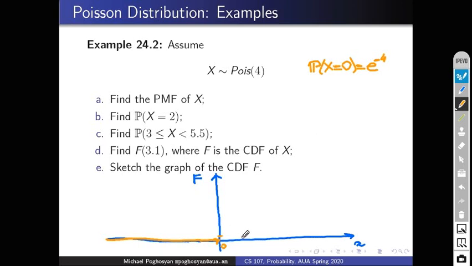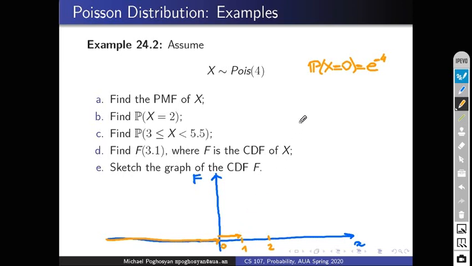So up to the 1, I will have a constant function, something like this, an arrow here. Then up to the 2, I will have another constant.